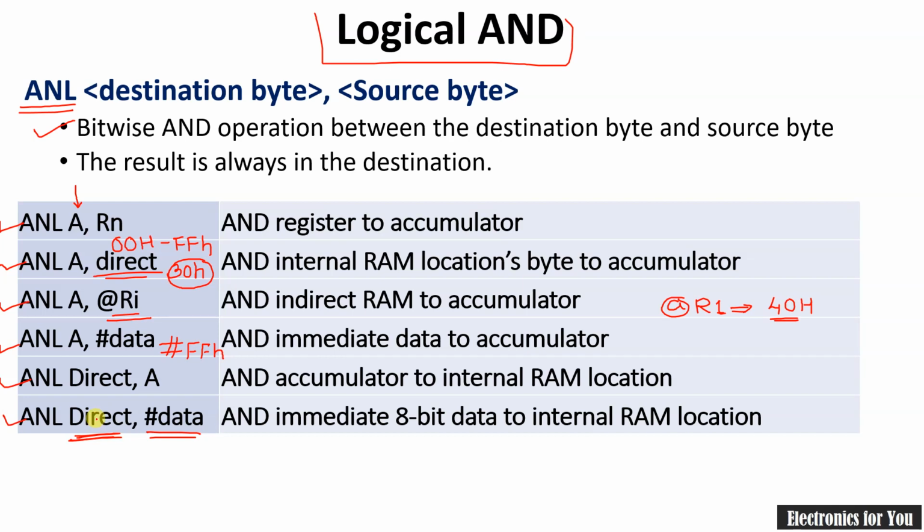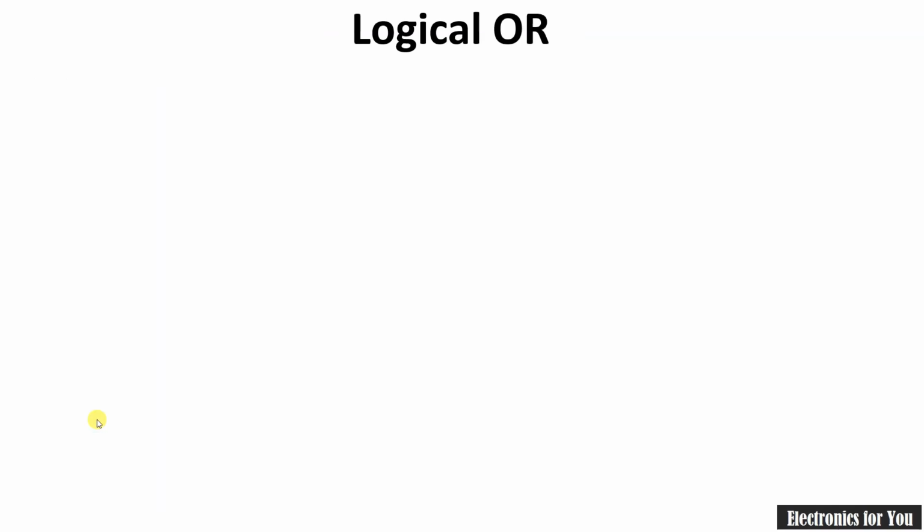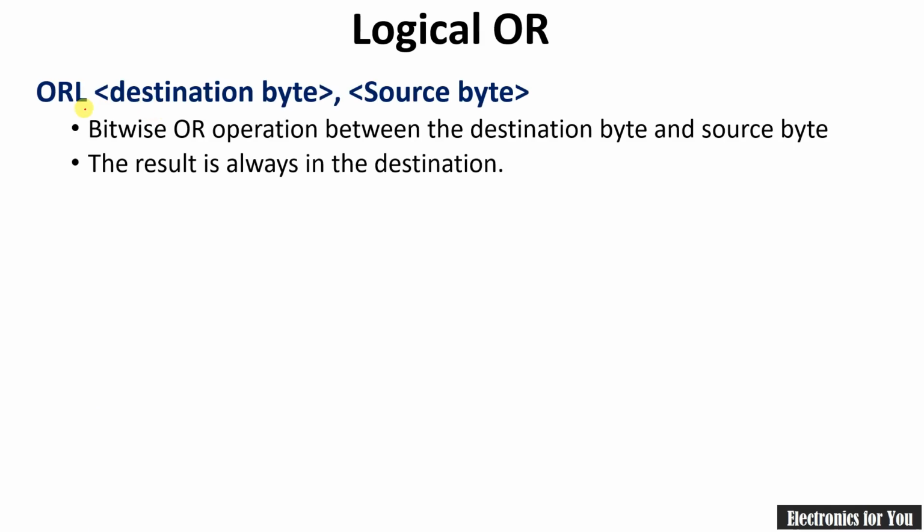Now a similar operation is performed in the logical OR operation. It is indicated by ORL, OR logically, followed by the destination byte and source byte. Similar to the AND instruction, here the content of the destination byte and source byte will be ORed logically, and the result is stored into the destination byte.